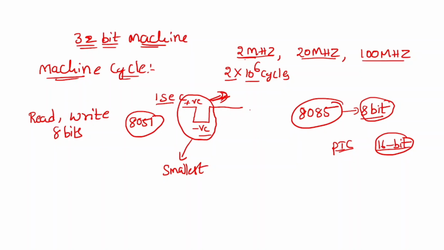You already know the meaning of machine cycle. Machine cycle is nothing but the smallest, or you can say, if you consider the speed in megahertz, then the duration of one cycle is called the machine cycle. And if you consider any STM32 microcontroller, those are 32-bit controllers. So here our STM32 controller or processor, whatever you can say, can do 32-bit read and write operations in a single machine cycle. Similarly, 64-bit.